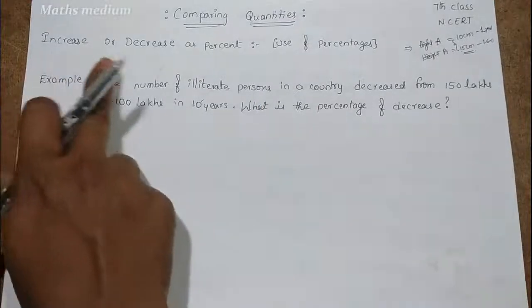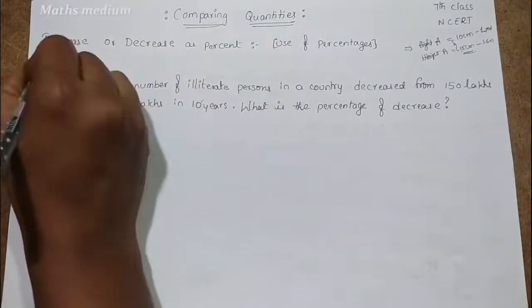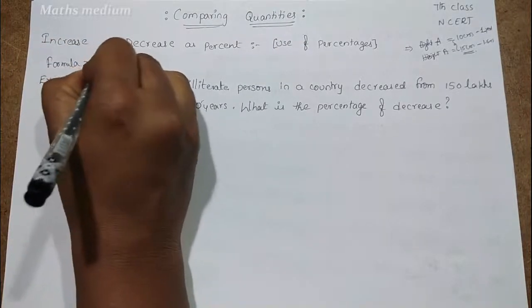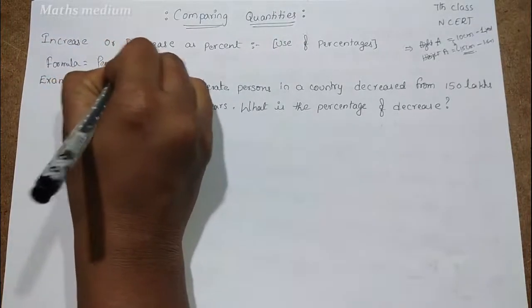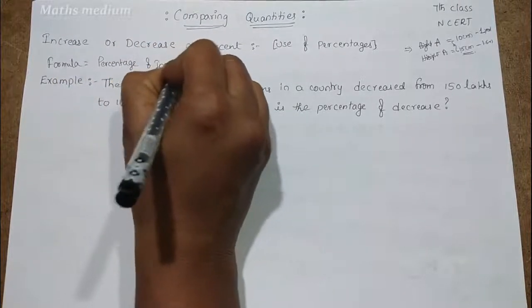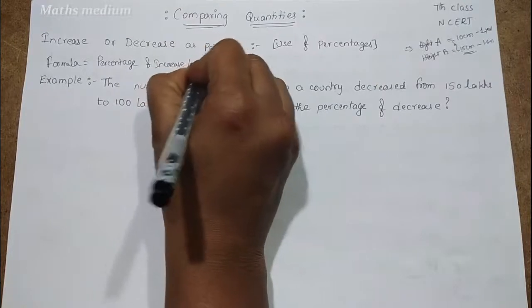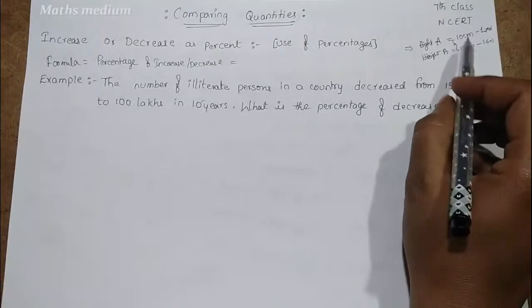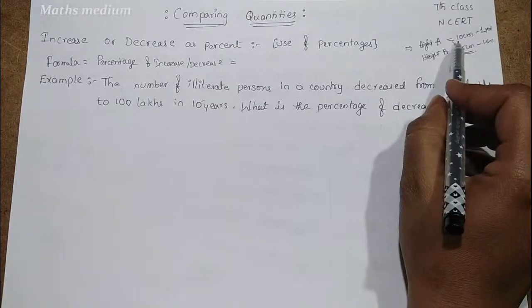So let's start with the increase or decrease as percent formula first of all. The formula is percentage of increase or decrease. If we change any percent, any increase or decrease, we can see the change.